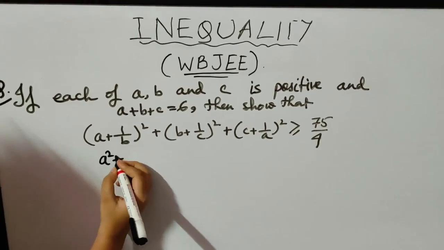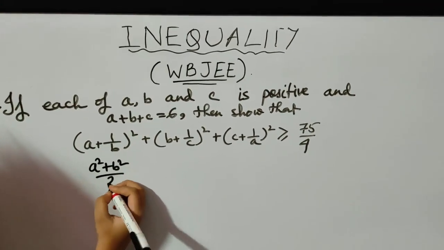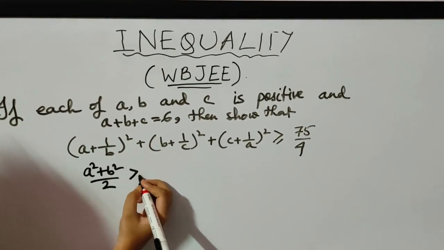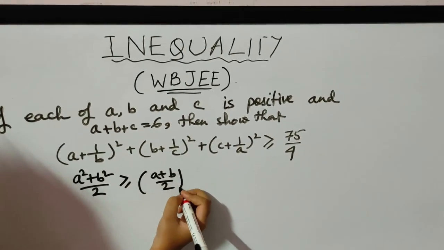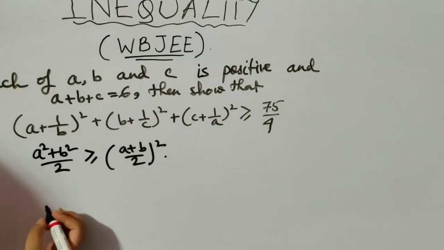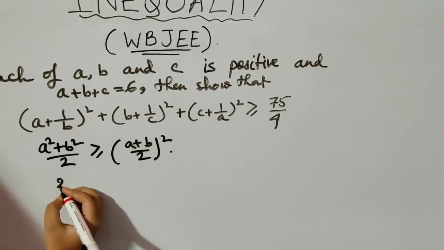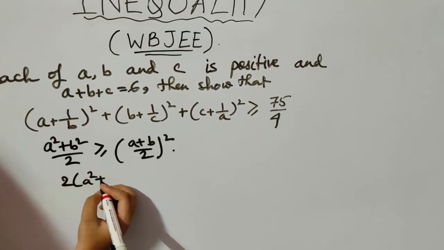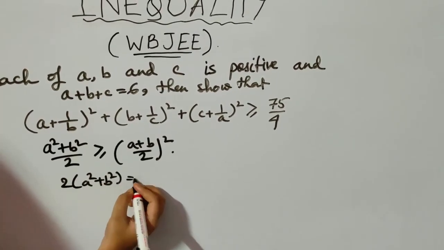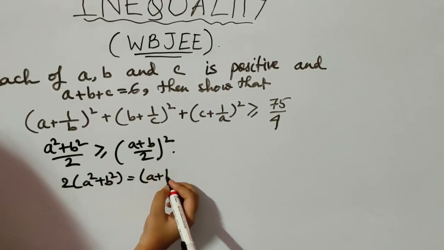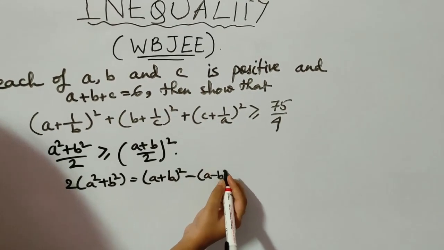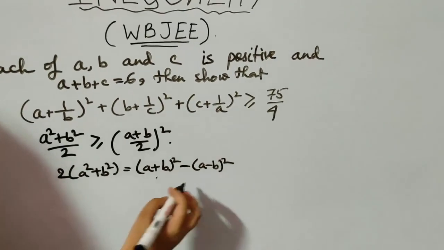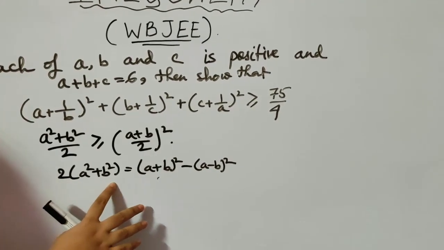The inequality is this: (a square plus b square) by 2 is greater than or equal to ((a plus b) by 2) whole square. You know that 2 into (a square plus b square) is equal to (a plus b) whole square plus (a minus b) whole square. When you open these two terms, you get 2 into (a square plus b square).